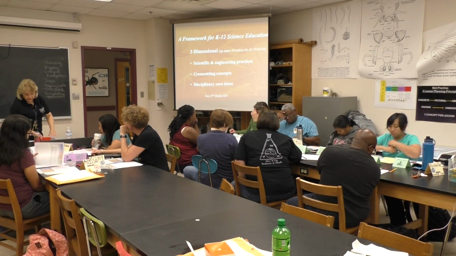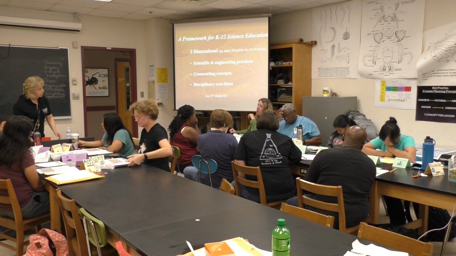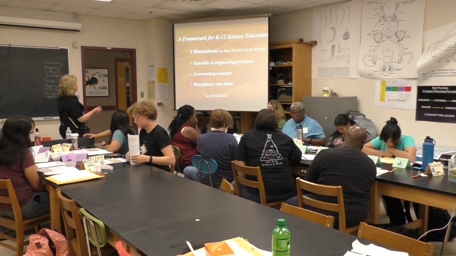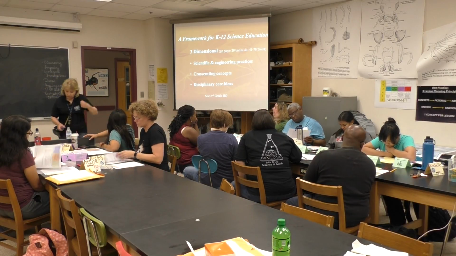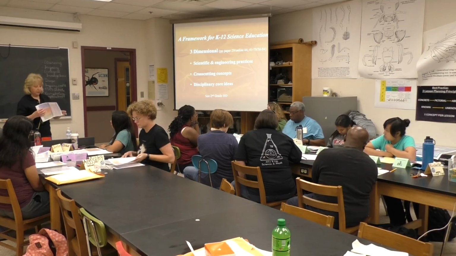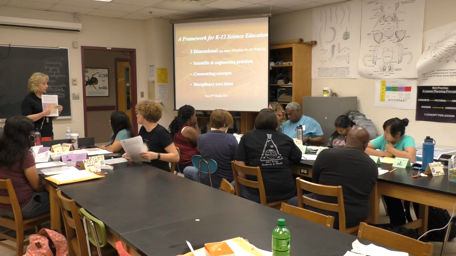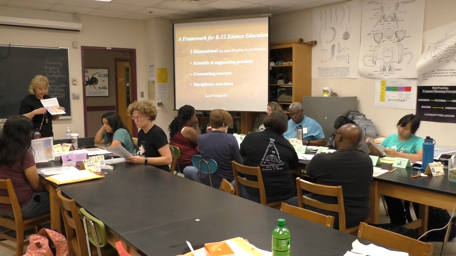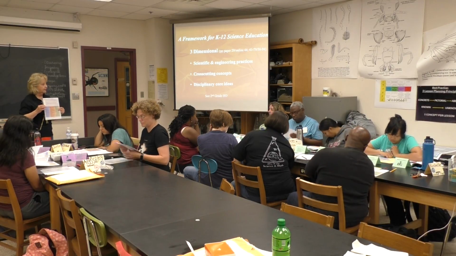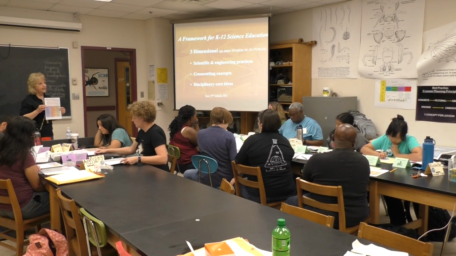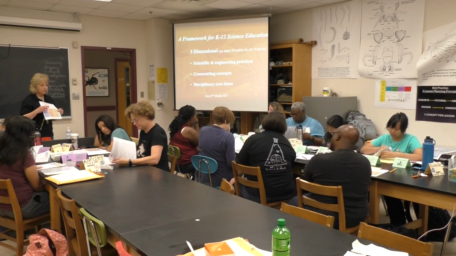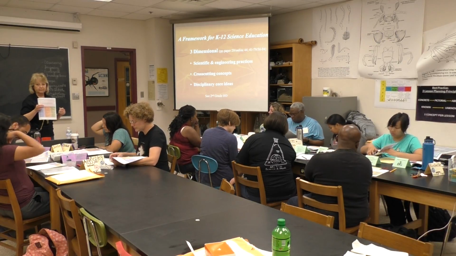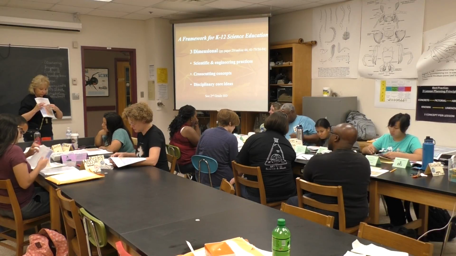The second thing I'd like you to notice is the three dimensions of learning. The reason we wanted to give you this in color is that it's very obvious when you look at it in color: you see three different colors down here at the bottom. The title of the one in blue is what? Science and engineering practice. What's in orange? Disciplinary core ideas.